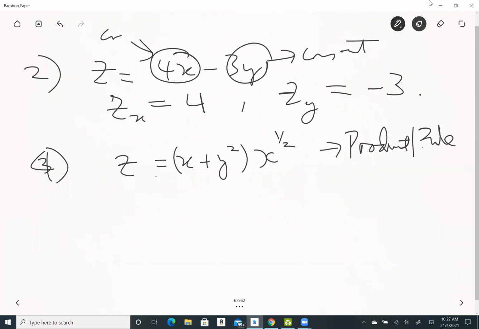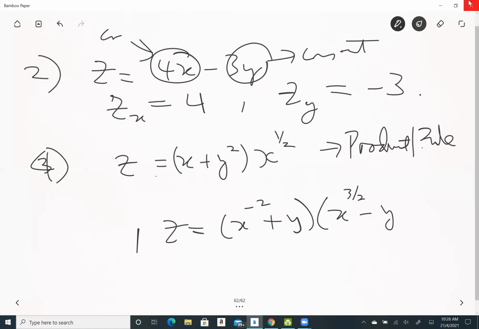I give you another question, for the product rule. Suppose you got x minus 2 plus y, multiplied by x to the power of 3/2 minus y to the power of 4.